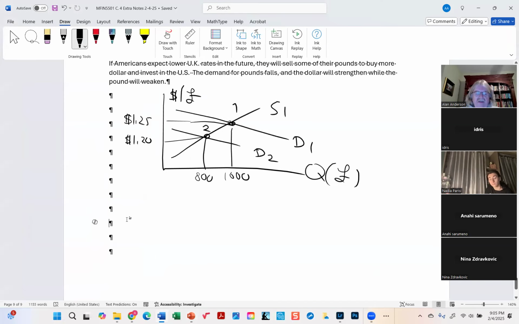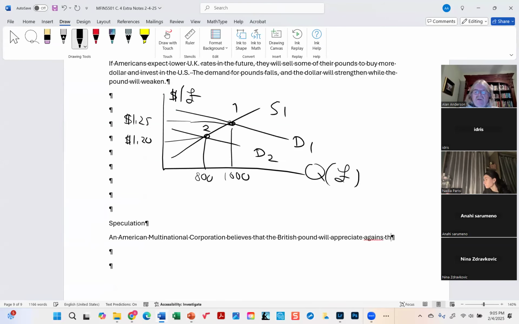All right, well, let's say an American corporation, and let's say it's an American multinational. Well, they have business interests in many different countries. Believes that the British pound will appreciate against the dollar in the future. Okay, so what do they do?